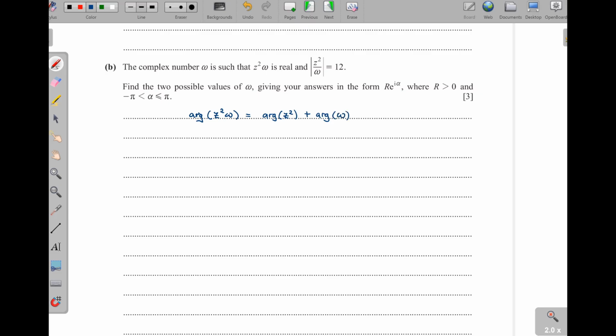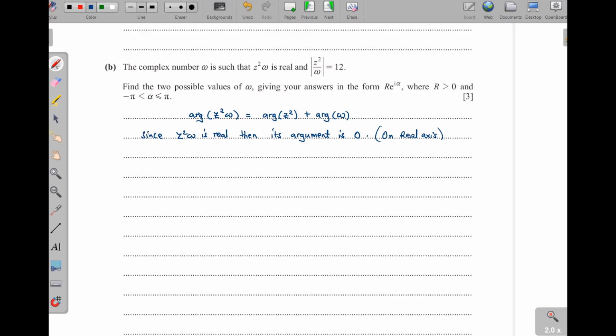Then I'm saying since z squared times omega is real, its argument is 0, on the real axis.